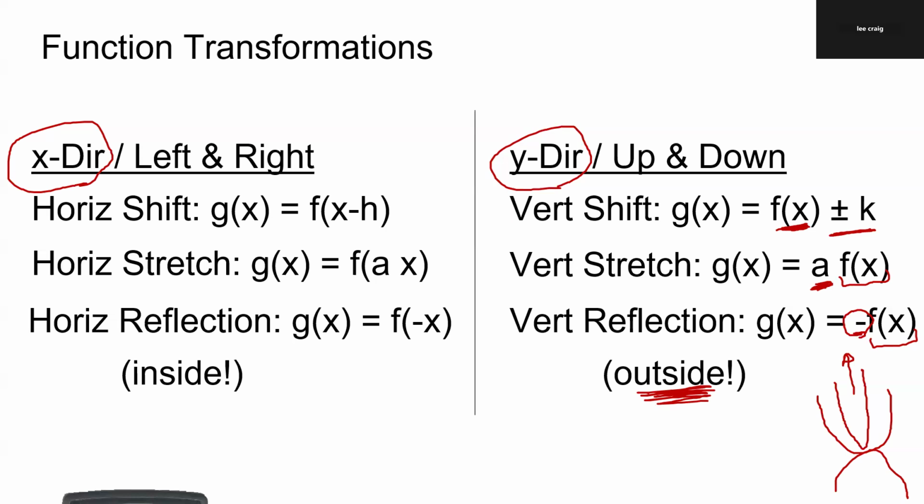Okay. We also had all the changes in the x direction. I can shift it left or right. So for a quadratic like this, if I come in here and say, let's say it says -8 or something like that, that's going to shift the whole thing to the right 8 spaces.